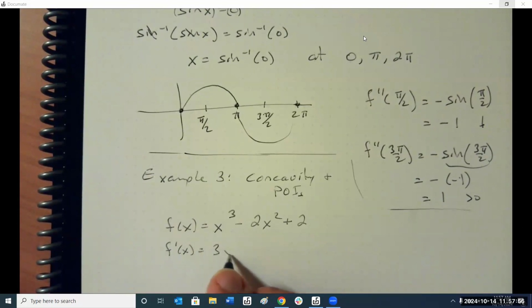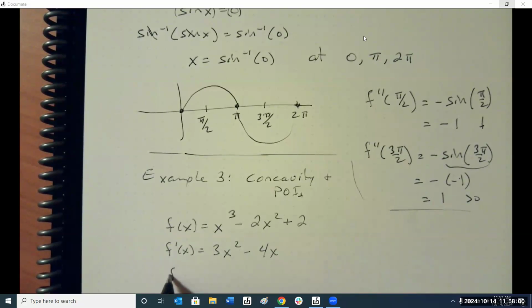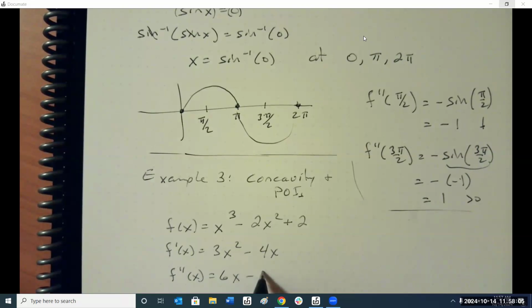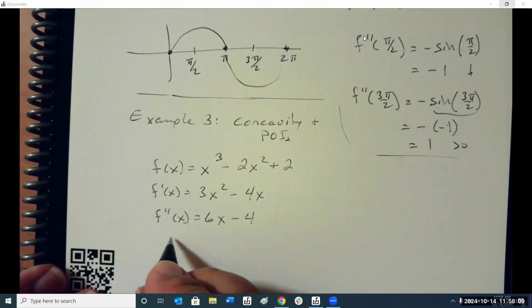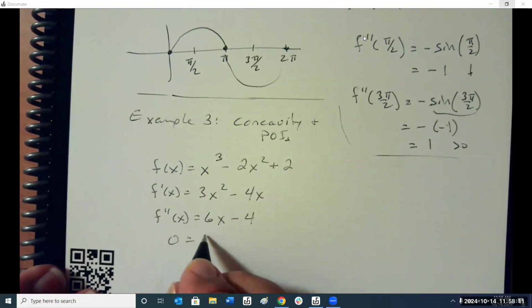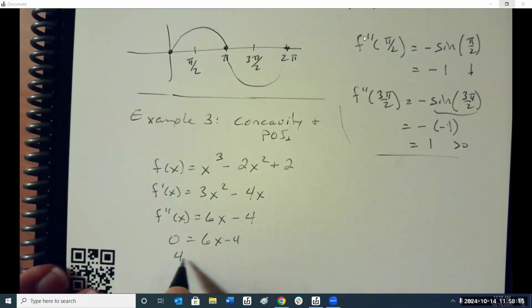First derivative is 3x squared minus 4x. The second derivative is 6x minus 4. Set that equal to 0. So we get 4 equals 6x, 4 over 6 equals x.